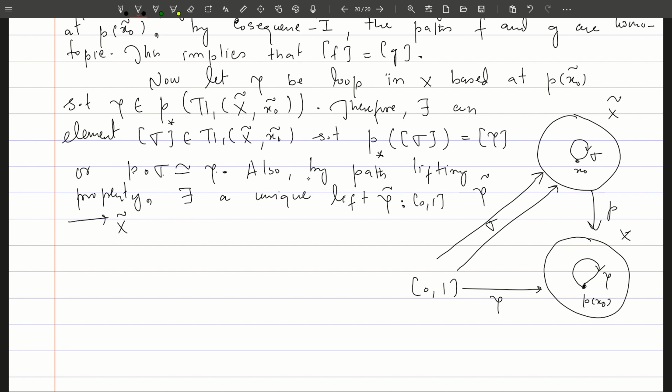So this is the lift of gamma such that P composed with gamma tilde is gamma, and this gamma tilde starts at x naught tilde.